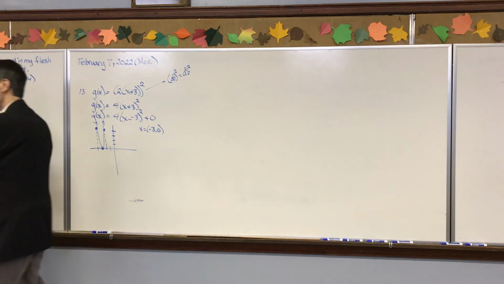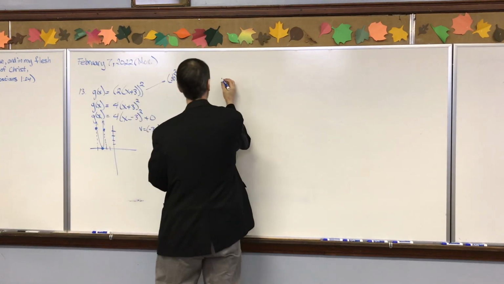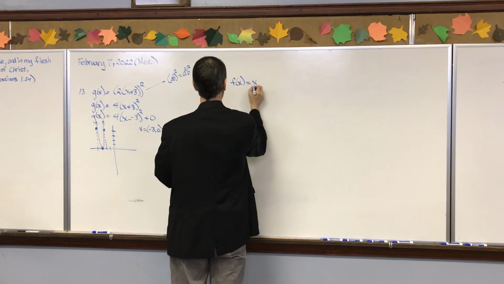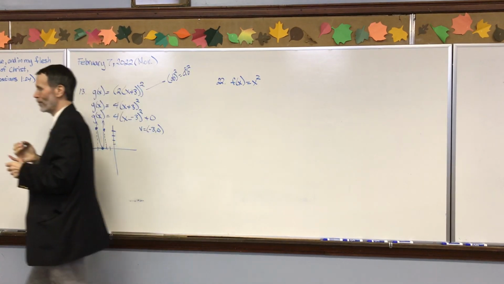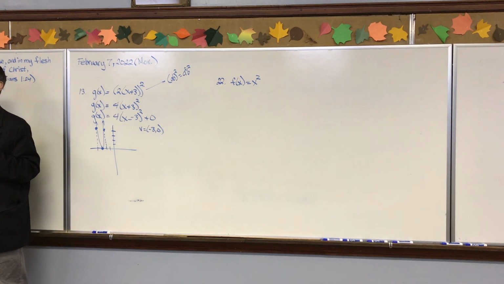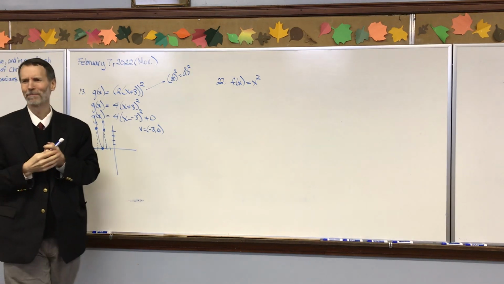22 says this: I'm starting with x squared. That's the parent graph, f of x equals x squared. Compress horizontally by a factor of 2. What does that mean?